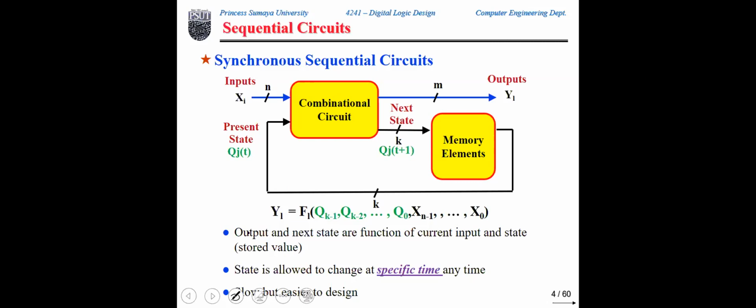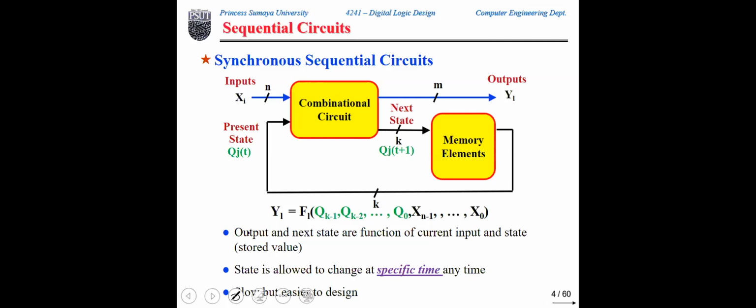So this is very important, which puts the difference between the asynchronous and the synchronous sequential circuit, which is basically the synchronization with time or the synchronization with events. Is the change in the stored value synchronized with some event, or with some instant of time, or not?